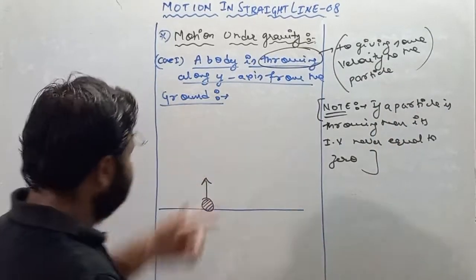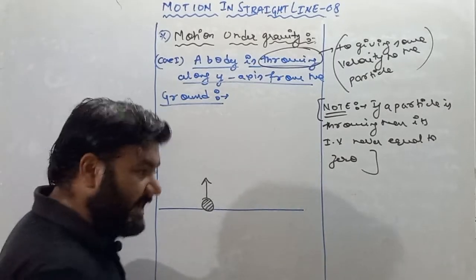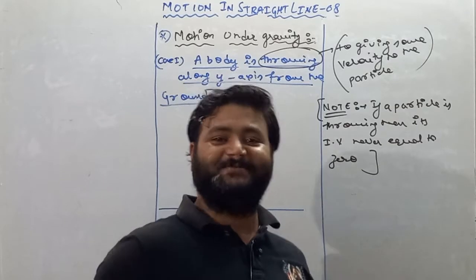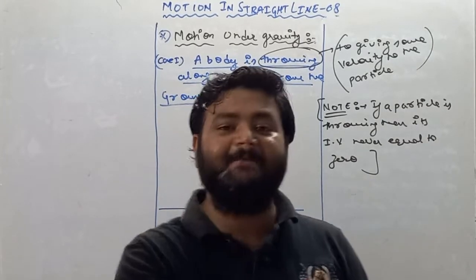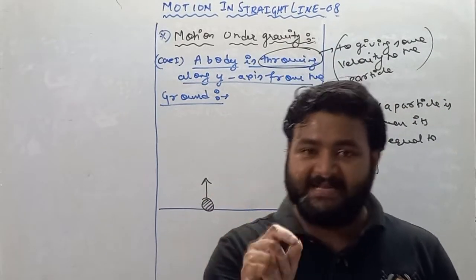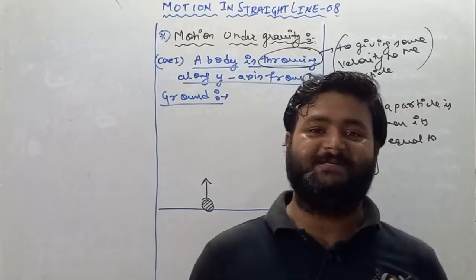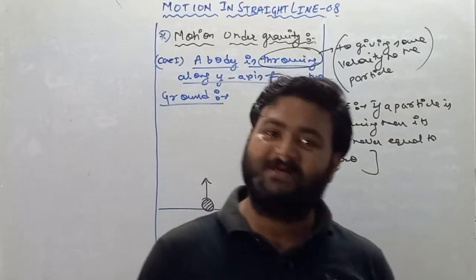So in this situation, my dear students, I am standing here and throwing a particle. If I am throwing a particle, it means I'll give some initial velocity to the particle. So remember, if you are throwing any particle, even from the ground or from a building, anywhere, then in that case initial velocity never equals 0, because throwing itself means giving some velocity to the particle.